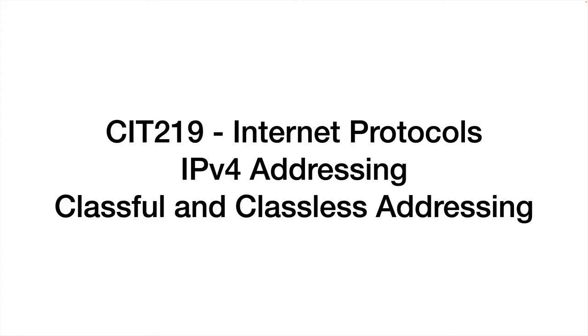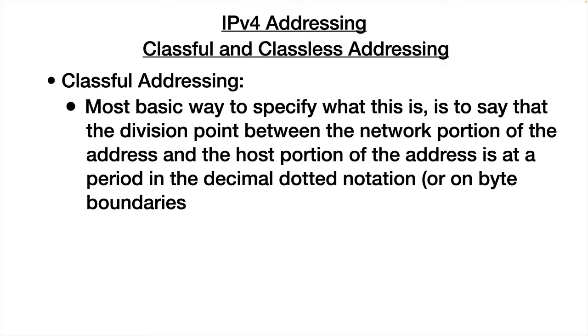Okay, in this video we're going to talk about some concepts related to IP version 4 addressing, in particular classful addressing and classless addressing. So classful addressing is the most basic way and the original way to specify networks.